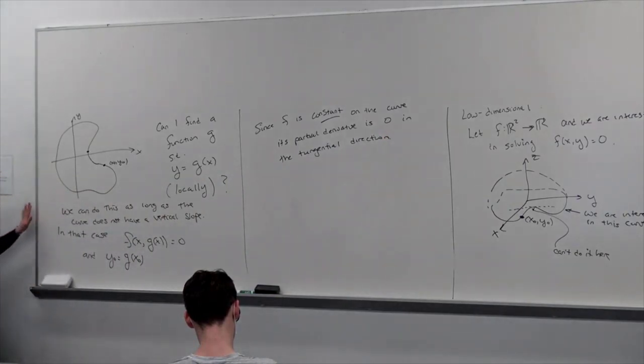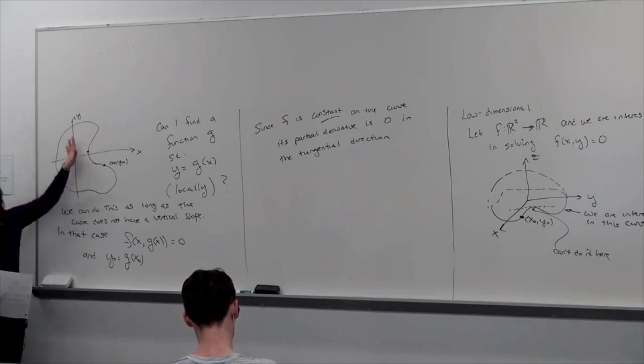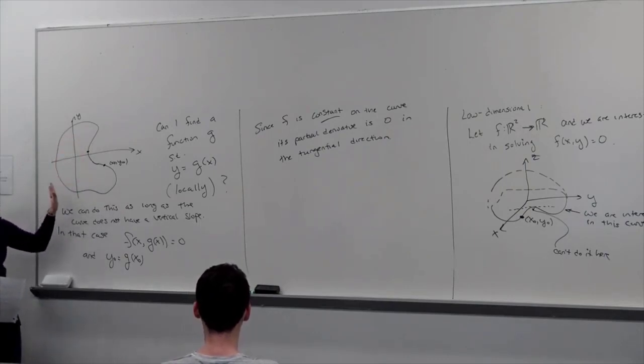And based on this picture, we don't want that to happen when the tangential direction is the y direction, lined up with y. So this is where we run into problem.